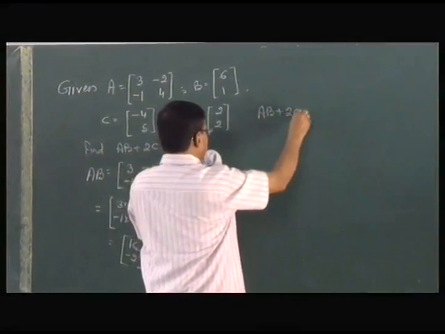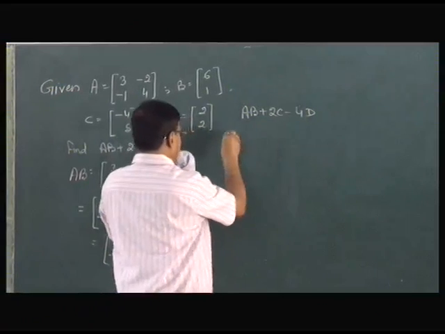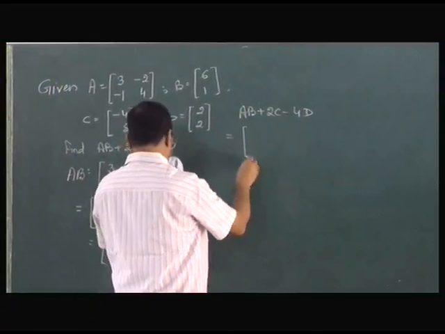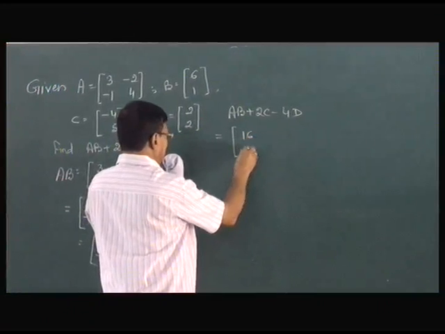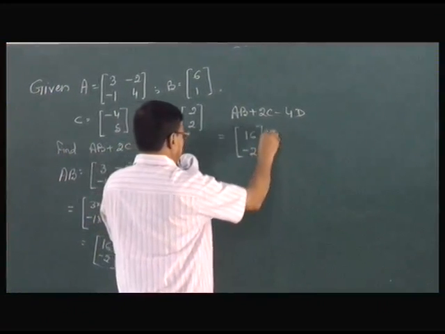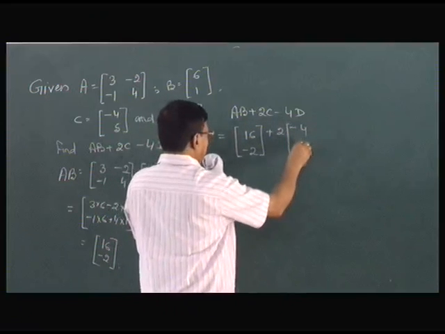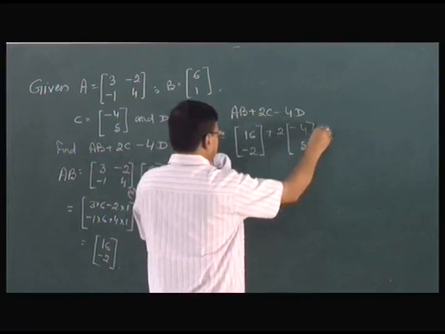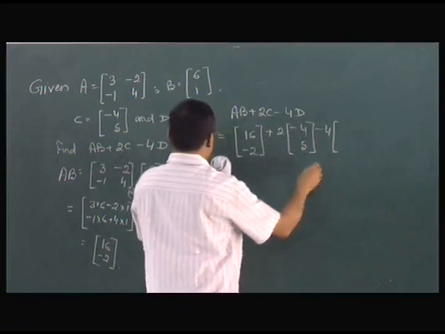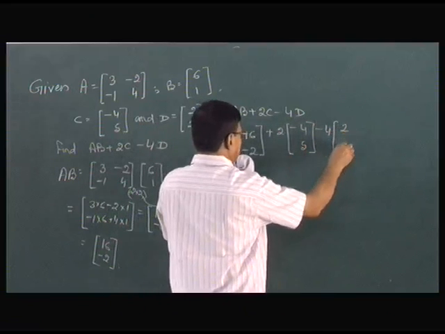plus 2C minus 4D is equal to AB, we got 16 minus 2 here, plus 2 into matrix C, 4 and 5, minus 4 into matrix D, which is 2 and 2.